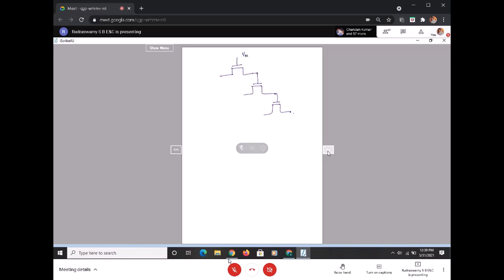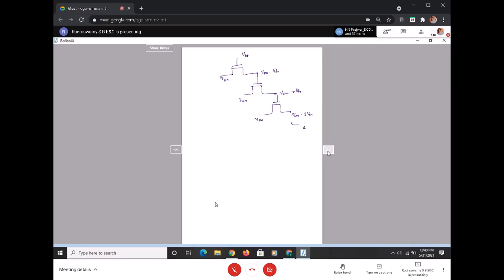If this is VDD, and this is VDD, and this is VDD, here I get VDD minus VTN, here I get VDD minus 2 VTN, here I get VDD minus 3 VTN, and eventually it may be 0 or anything that is less. Eventually it will be a 0.